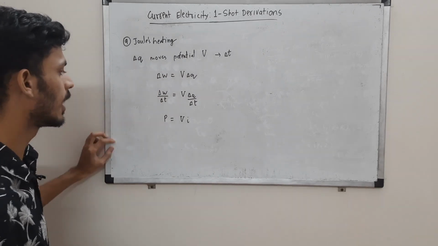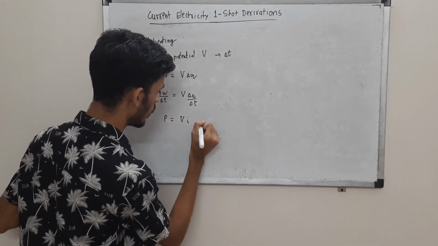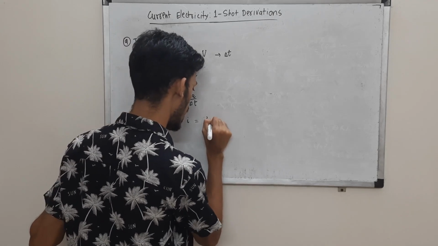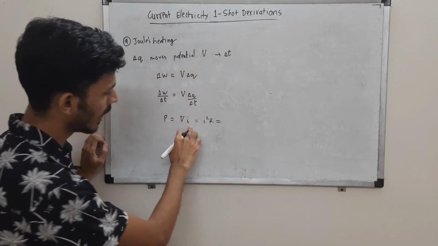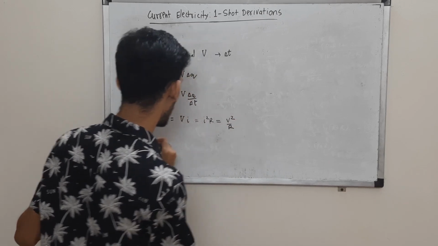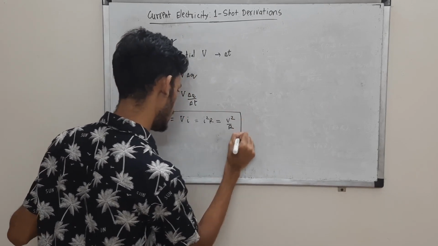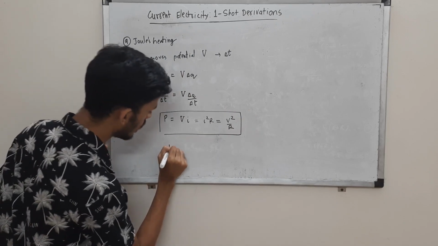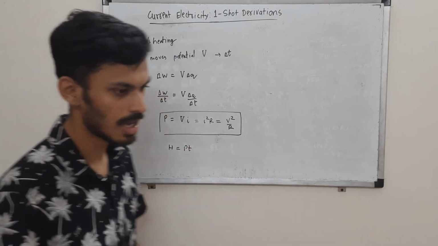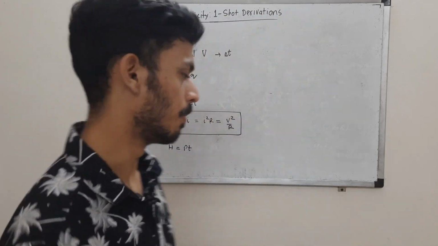We want the heating expression. So for now we can also express power as V can be written as IR, so this can become I square R, or I can be written as V by R, so in that case it will be V square by R. So these are different relations of power, and heat is basically power times time, right? Heat is energy, energy is power times the time taken.